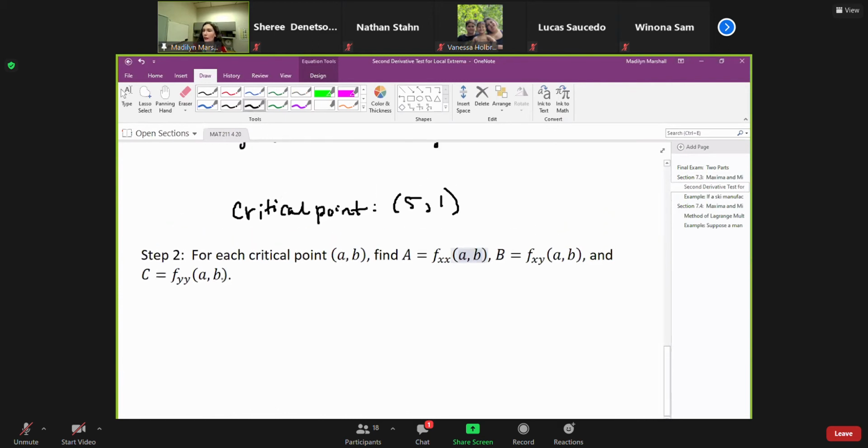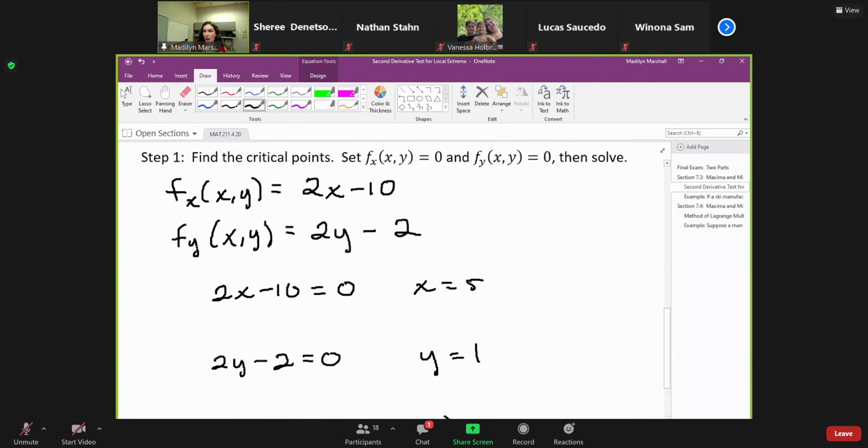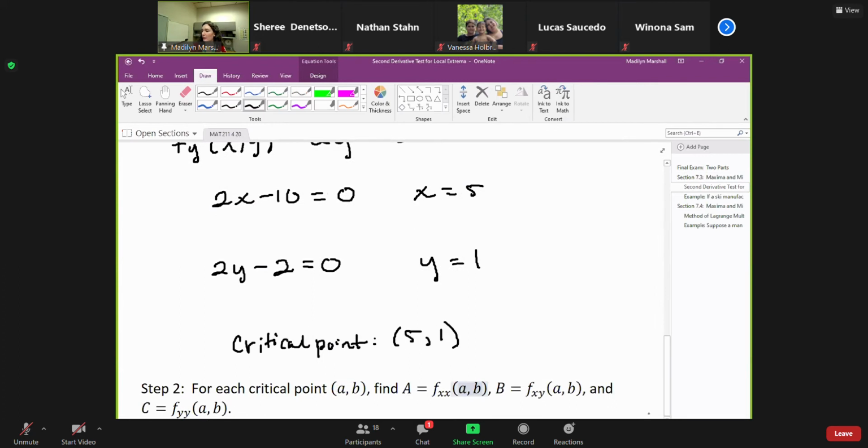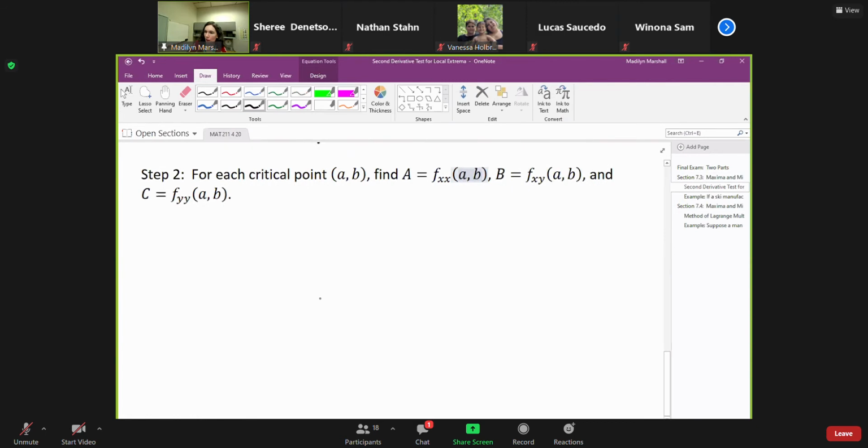So we already know the first order partial derivatives from up here. With respect to X, it was 2X minus 10, and with respect to Y, it was 2Y minus 2. I'm just going to write those back down here so they're ready.